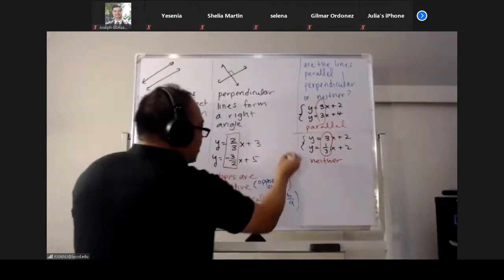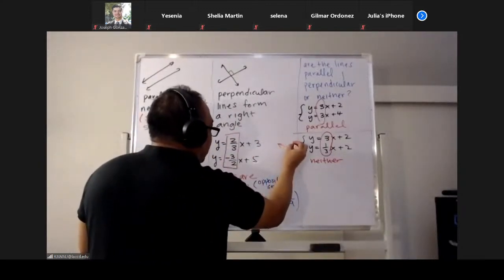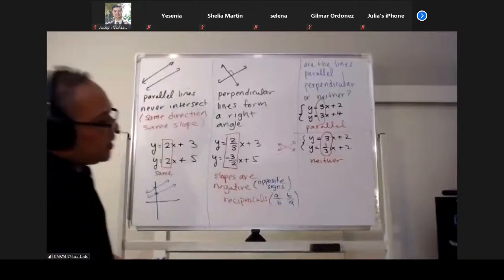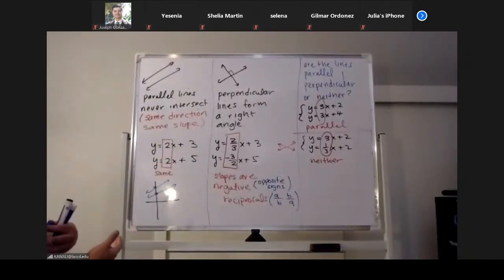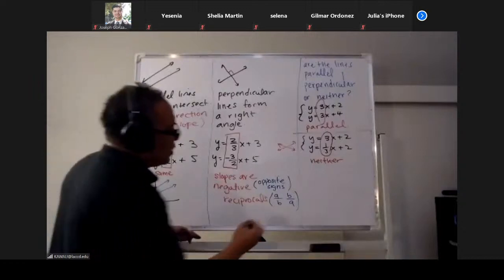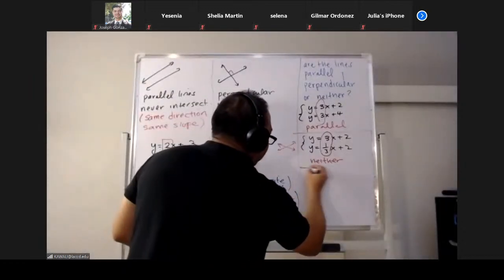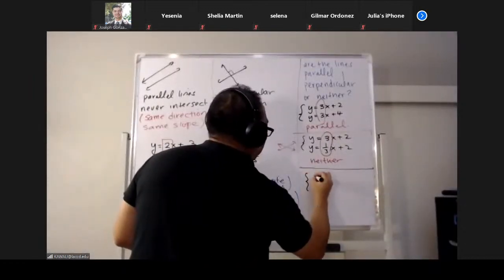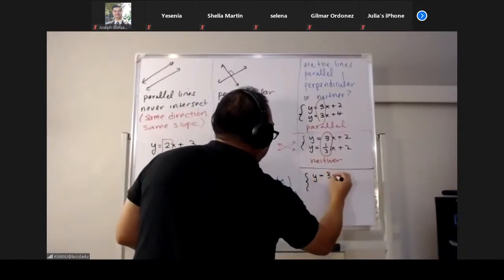Neither means that they're just 2 lines that cross each other. There's nothing special about them. They're not parallel, they're not perpendicular, they just cross, and that's it. Now this last one will be perpendicular, so I'm going to make it almost exactly the same.